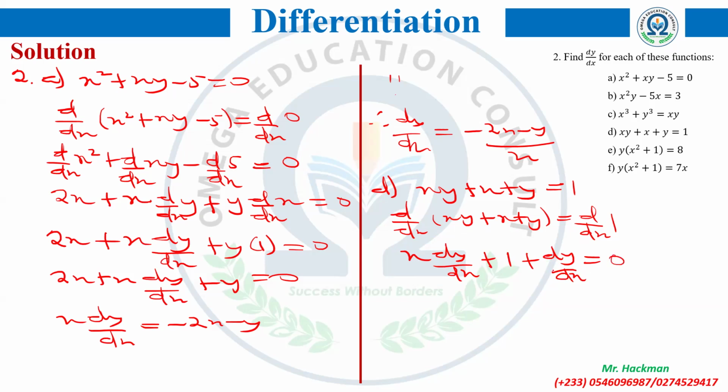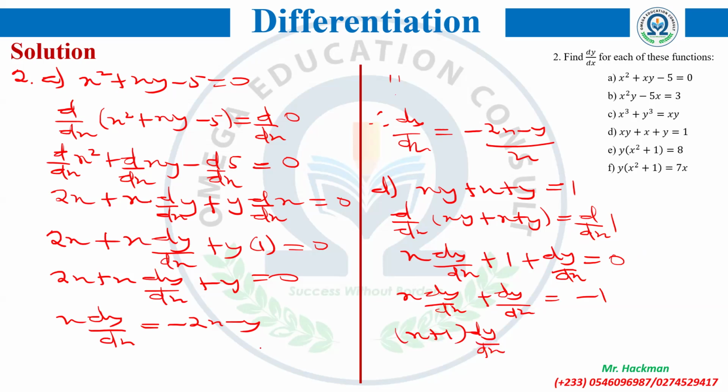So here I have 2 terms in dy/dx. I will maintain these 2 terms and move this term to the side. So I will get x dy/dx plus dy/dx is equal to -1. Do you agree? So I factor out dy/dx, usually we write it this way, but it's the same: (x + 1) dy/dx.